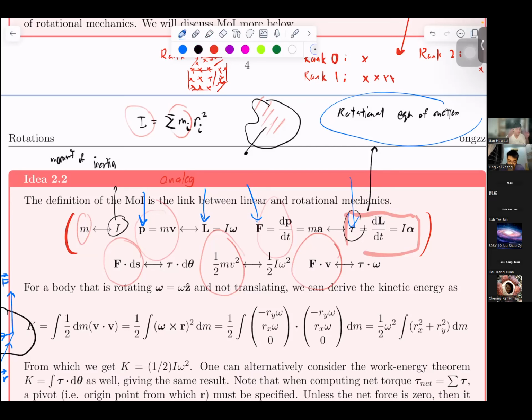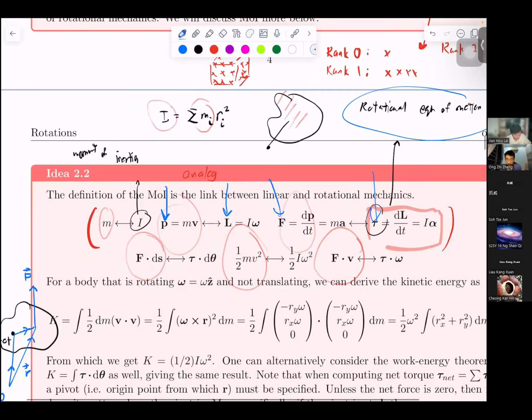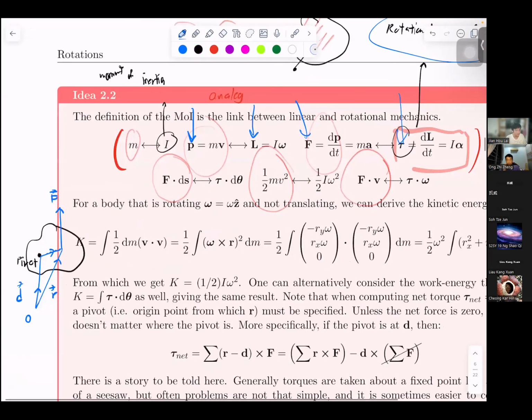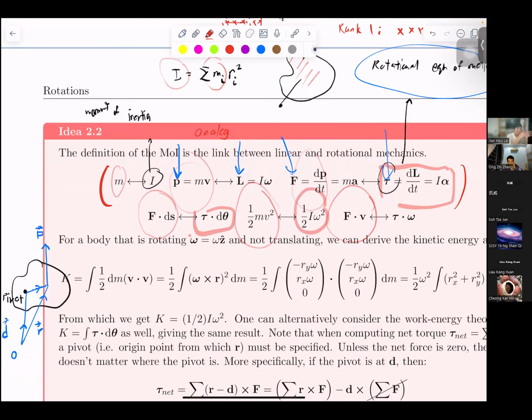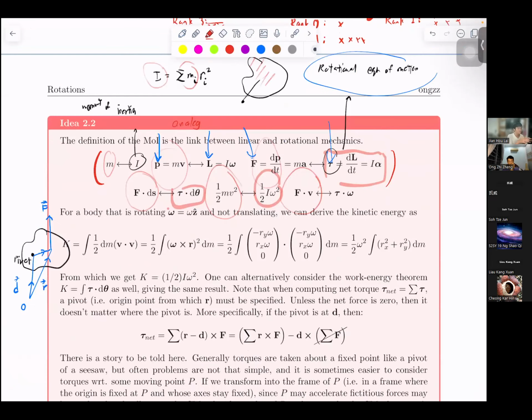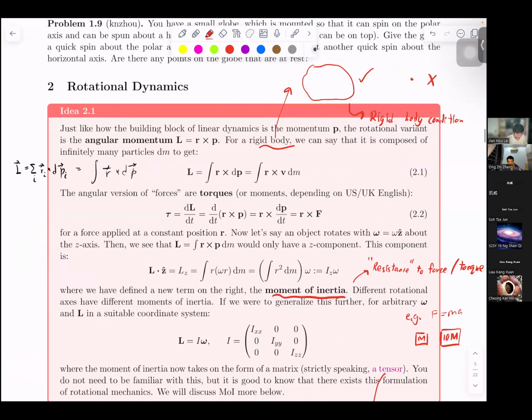Then there is rotational kinetic energy. So you see the analogy between linear mechanics and rotational mechanics. You want to memorize the equations, so you can get the idea of how to get this equation.